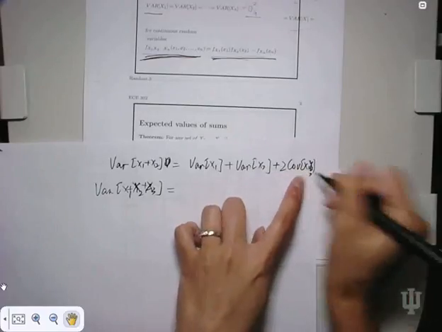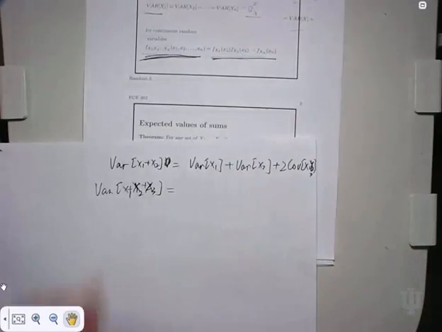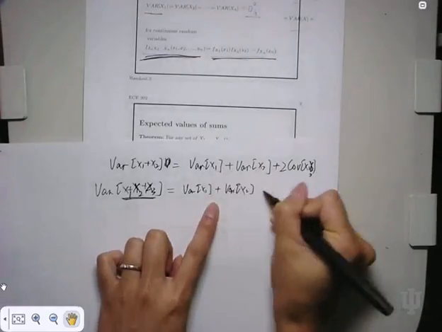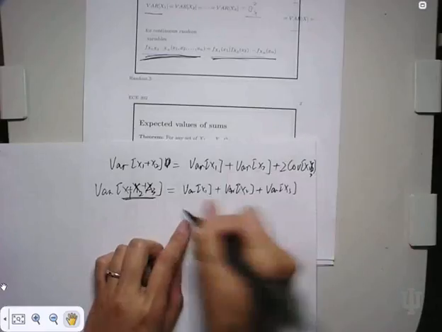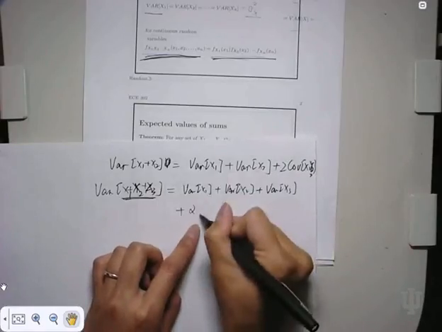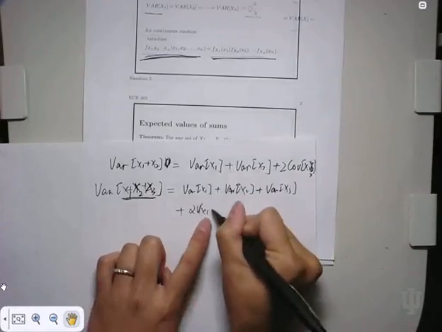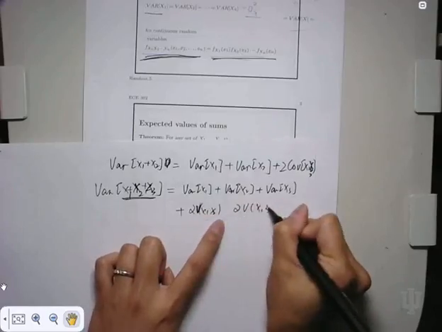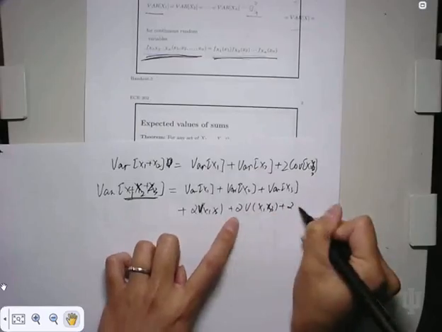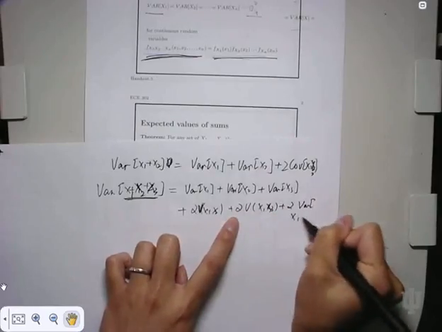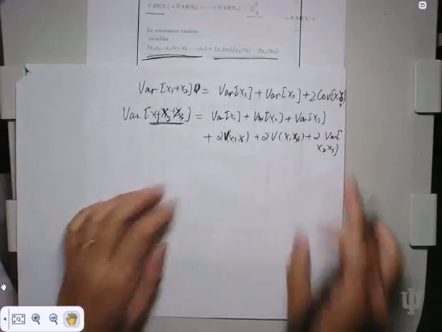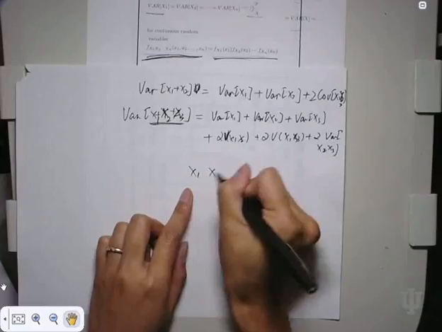Remember? So if there's a sum of 3 random variables, it should be variance of x1, variance of x2, variance of x3, plus 2 times the covariances of 1 and 2, 1 and 3, 2 and 3, each pair, right? You agree?